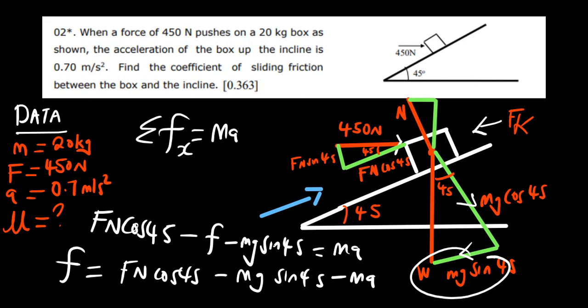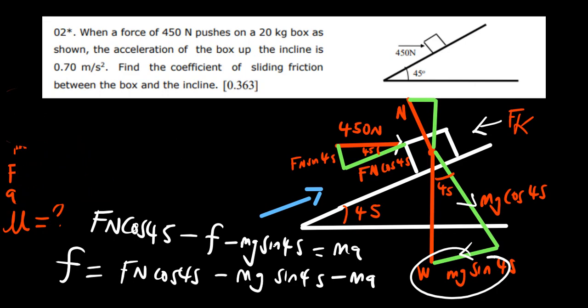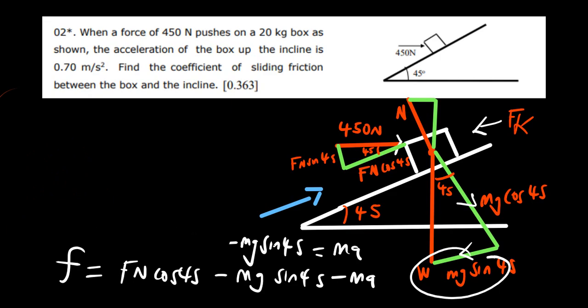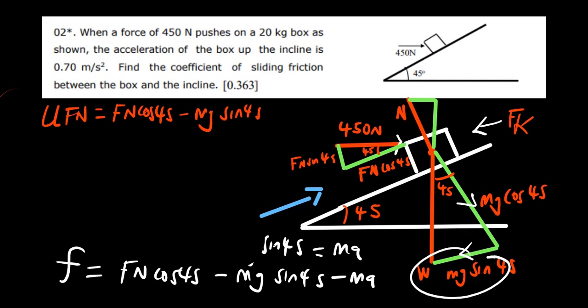Allow me to rub what is on top. Now, how do we find the friction force? You know that the friction force is just the coefficient of kinetic friction multiplied by the force Fn. So μFn equals Fn cos 45 minus mg sin 45 minus ma.